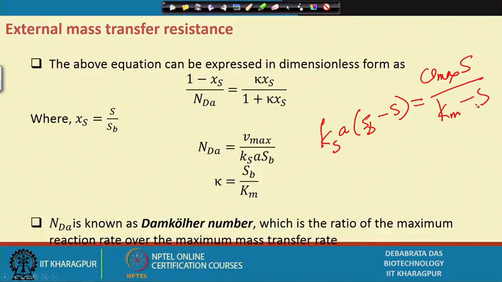The interesting thing is that Ks, A and Sb can be taken common, so the left side will be S by Sb. Am I right?